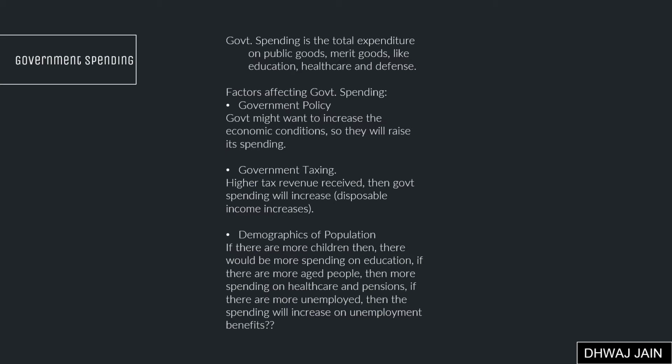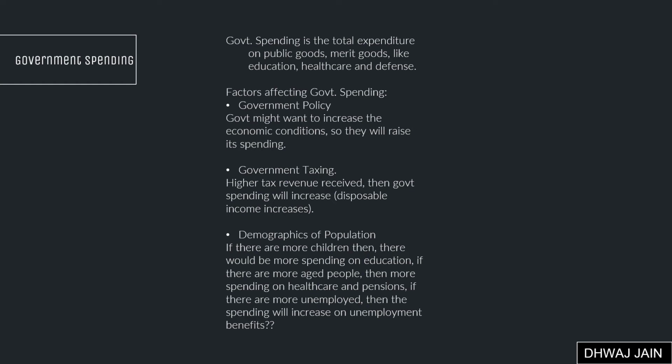For example, if there is very low consumption, which is basically low demand, and very low investment by companies, then the government actually creates demand in the economy. So that's how government policy affects government spending.